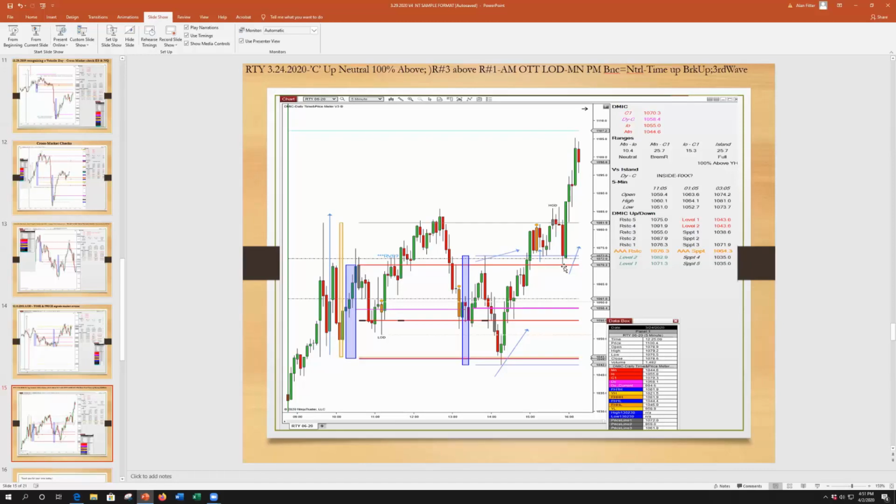It went up through rectangle 1, through rectangle 2, and through rectangle 3. The market had traveled up 60 RT white points from the R1 low to the high of the day.